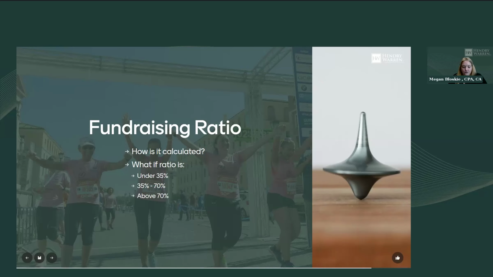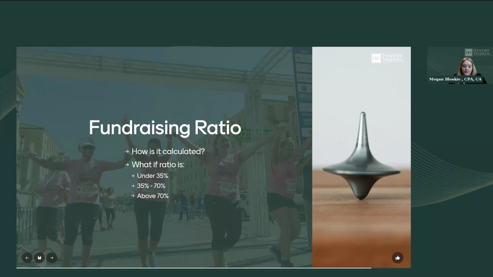If the fundraising ratio is between 35 and 70%, there is a risk that the CRA will investigate the fundraising ratio, and they will most likely start by looking at trends over the past few years. They may also reach out to the organization to ask some questions about the fundraising activities that occurred.